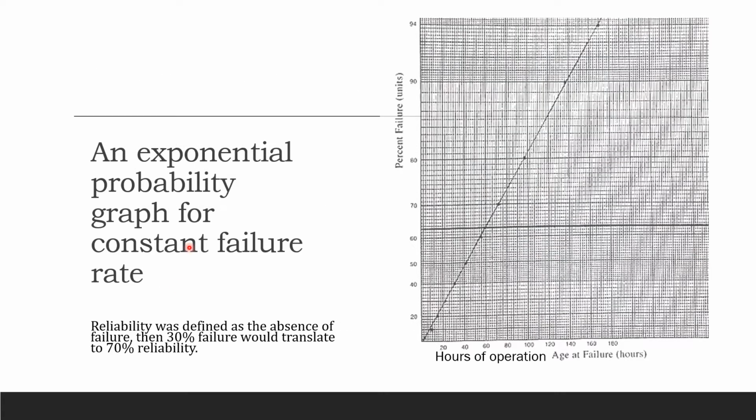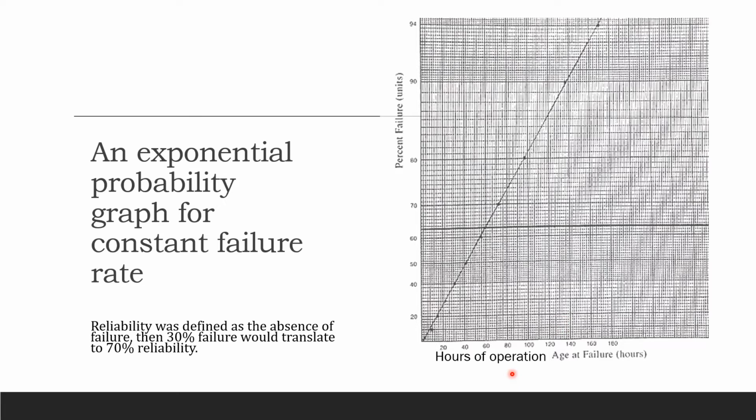Now, the exponential probability graph for constant failure rate. Usually the graph looks like this, and it is exponential because you see the data and how the line goes up continuously. So that's an exponential graph. Here we are studying the percent failure against time, so the hours of operation of your equipment or system.